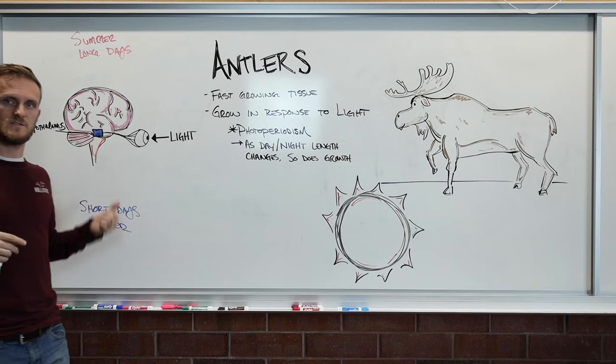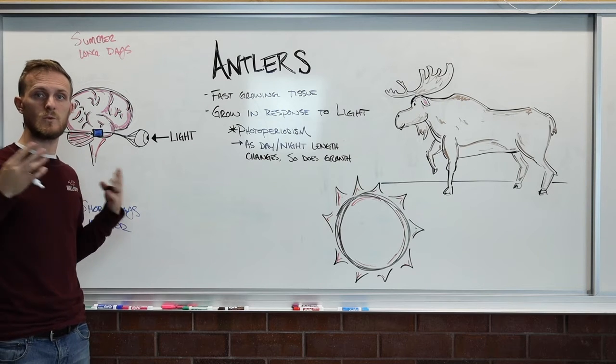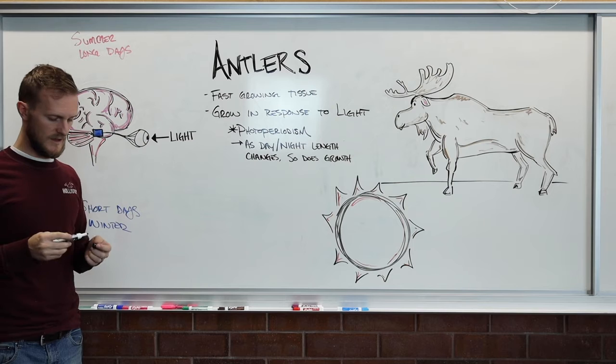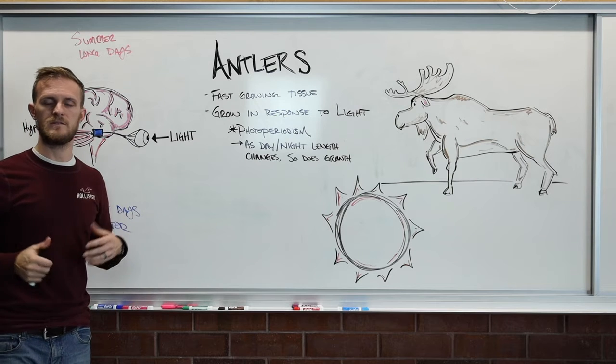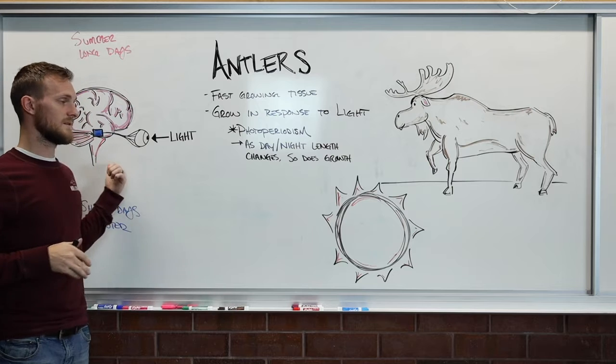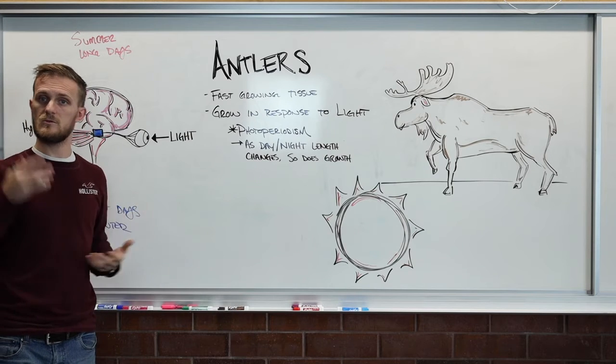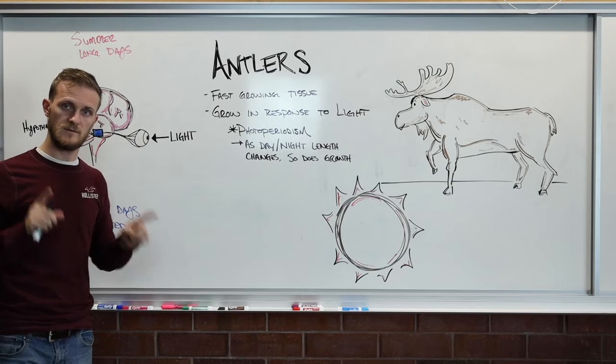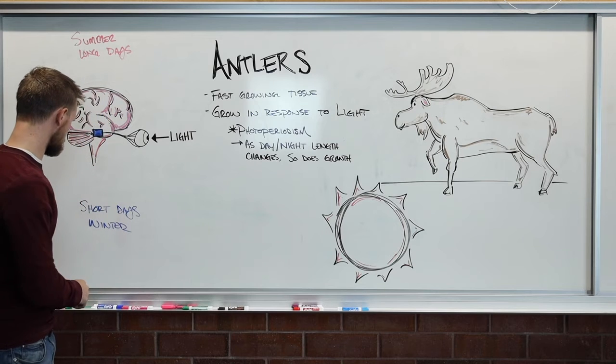Okay, the hypothalamus. And here's what the hypothalamus does. The hypothalamus is a structure in the brain that's used to regulate hormone pathways. So whether it's regulating hormones that cause your body to warm up or to cool down, or regulating hormones if you're a moose to grow antlers or not grow antlers. And here's how that works.